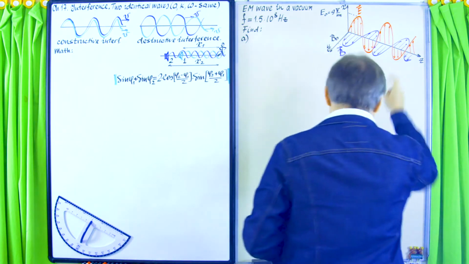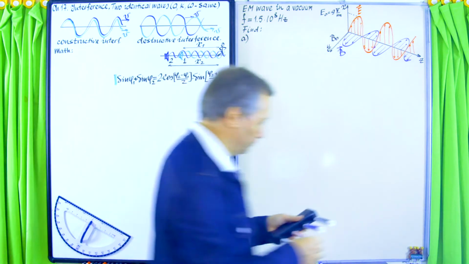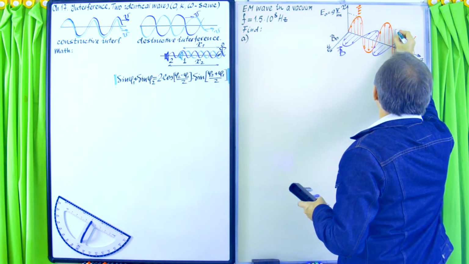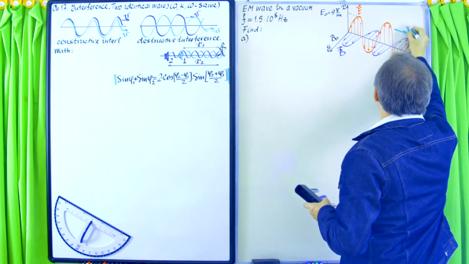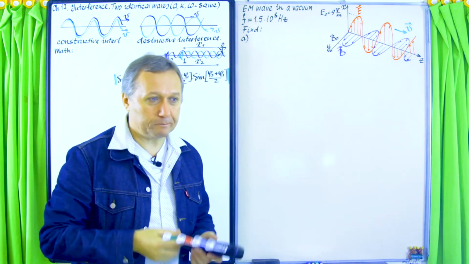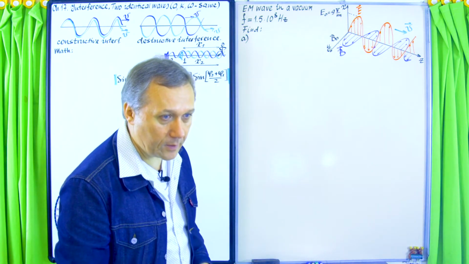Actually, I didn't show the direction of the velocity. Let me show that. Okay, let me use green. So let's say this is the velocity. It propagates in the positive z direction.